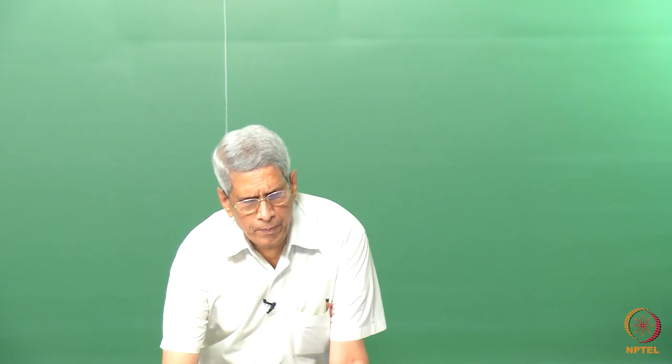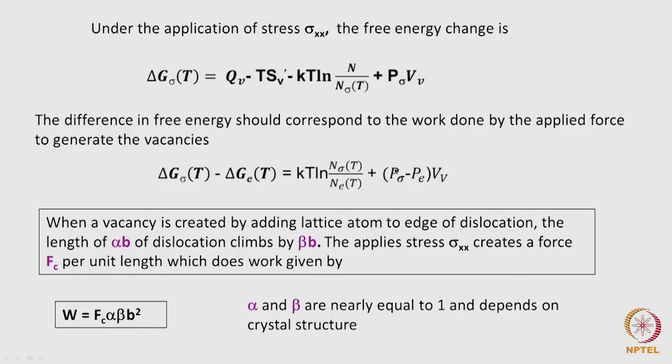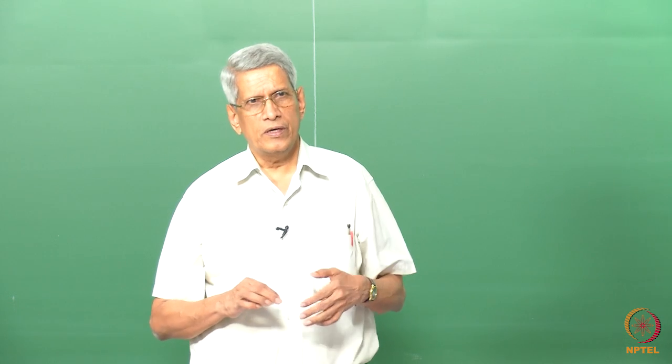So P sigma minus P can be replaced by P and we can write it, okay. So this tells us what is going to be the free energy change, okay, which is occurring because of the generation of excess vacancies due to movement of dislocations.